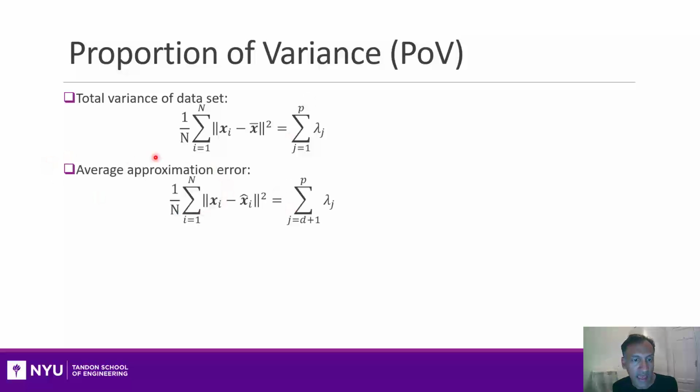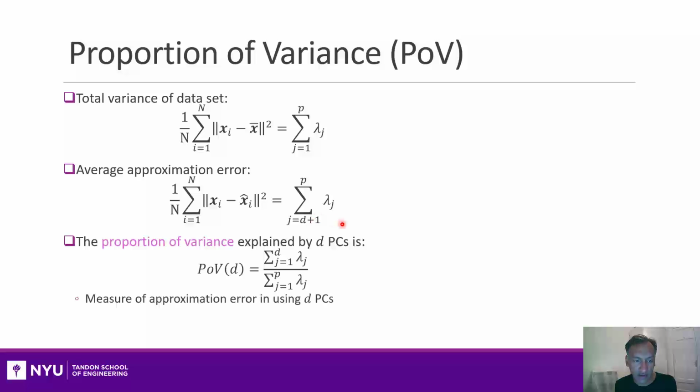And we saw that the average approximation error was just the sum of the smallest p minus d eigenvalues. And so we could say that the proportion of variance is the difference between these, which is the sum of the first d eigenvalues divided by the sum of all the eigenvalues.